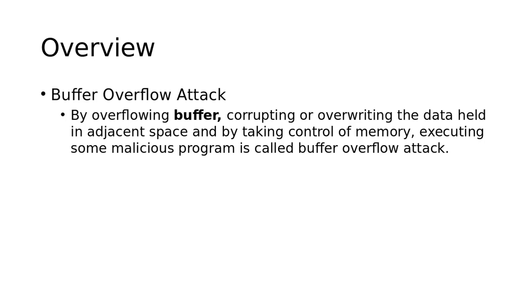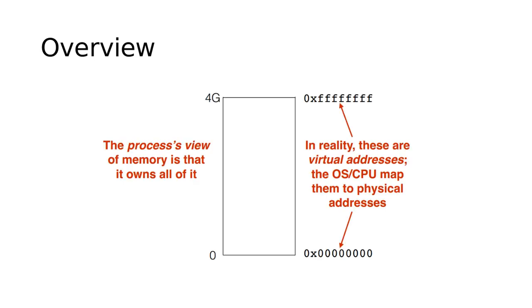Now we will go through the memory overview. If you have a memory like this, the process views it as if it owns all of it, but in reality these are virtual addresses. There is no physical address like this, so it is actually mapped into physical memory when the program executes.